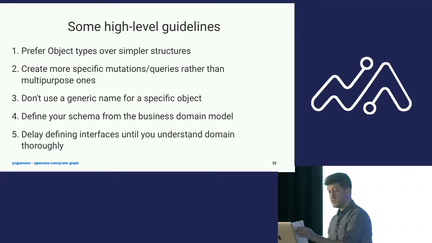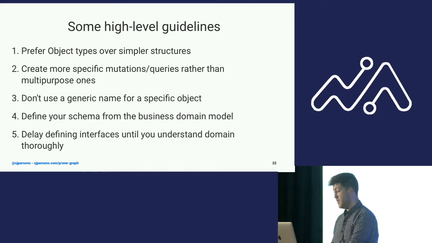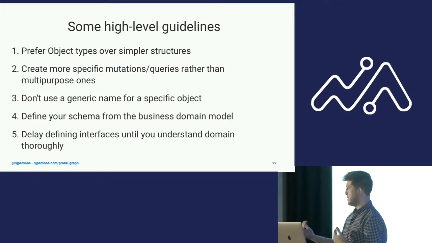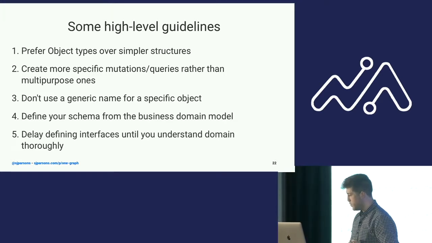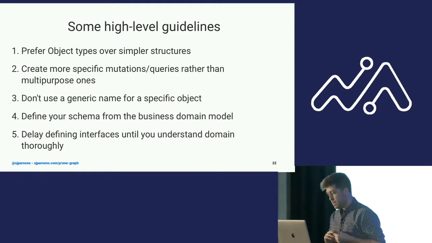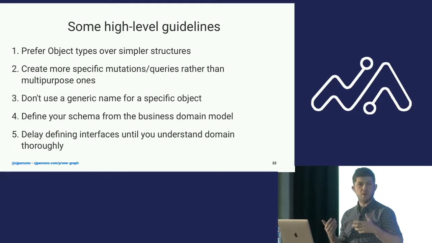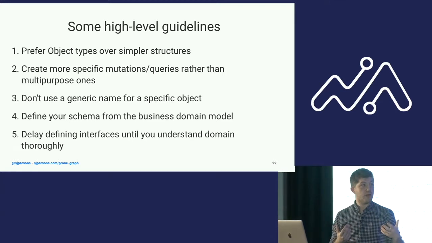So I'll just mention a couple of high-level guidelines and things that we came to. I'm not going to get super in-depth because I think there's a lot of written documentation about this that could be useful for you. But one of the high ones is preferring object types over simpler, primitive, built-in GraphQL types.